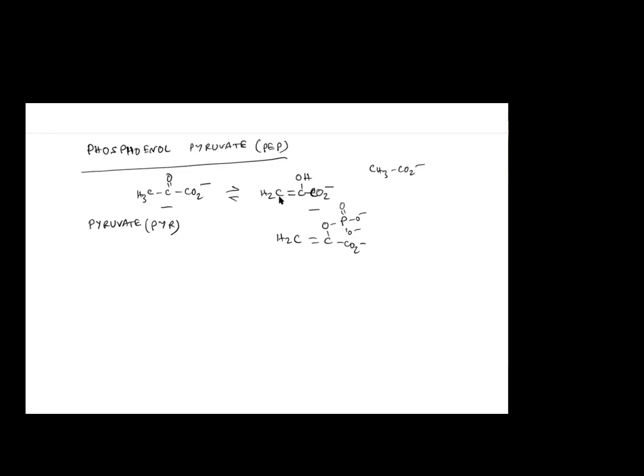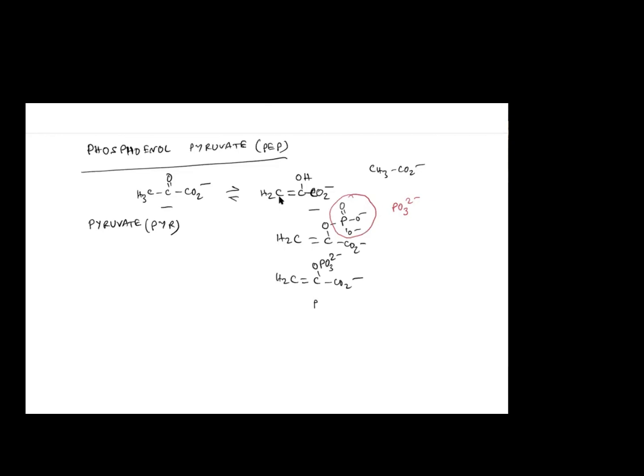We're also going to abbreviate this as PO3 2 minus throughout the semester. So we're going to remember this as CH2 double bond CO, PO3 2 minus, and CO2 minus. So that's the phosphoenol pyruvate.